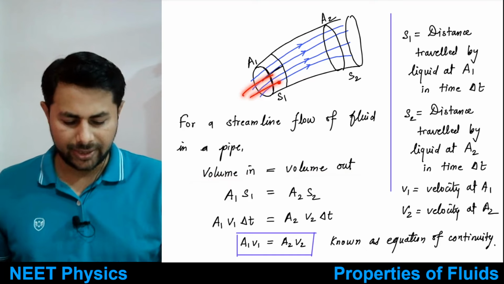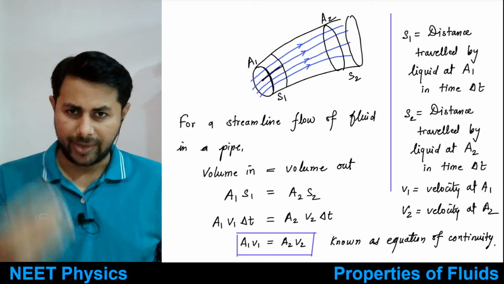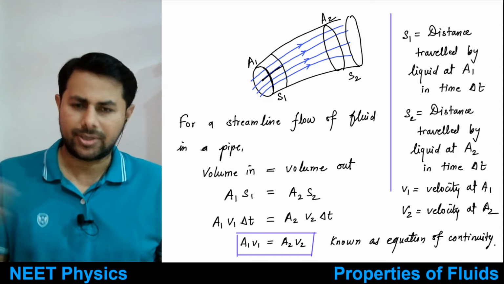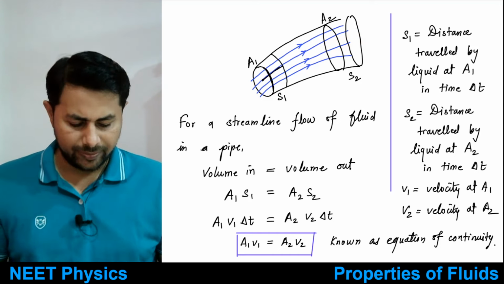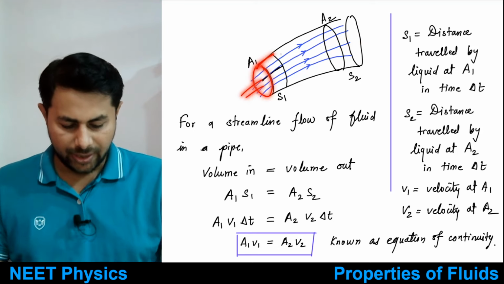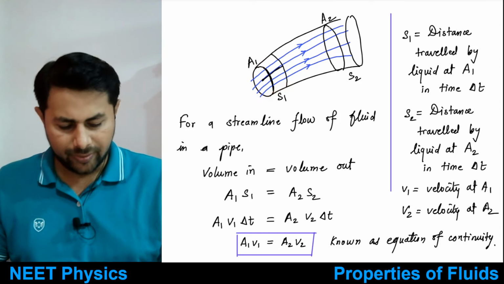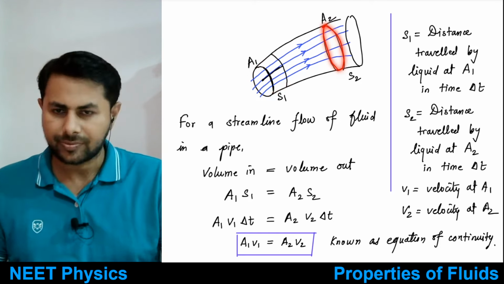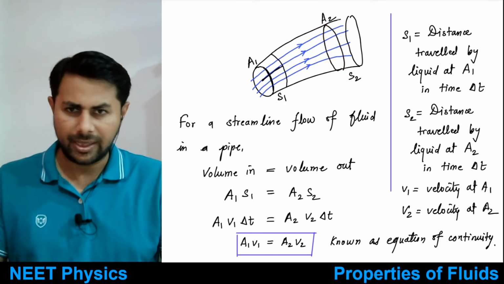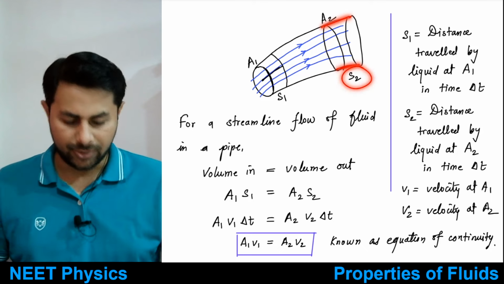The volume that enters in some time delta t is equal to the volume that leaves the pipe in the same interval of time. Suppose the volume that enters here moves through this much distance, and the volume that leaves from here in the same interval moves through this much distance. So this is S1, this is S2.